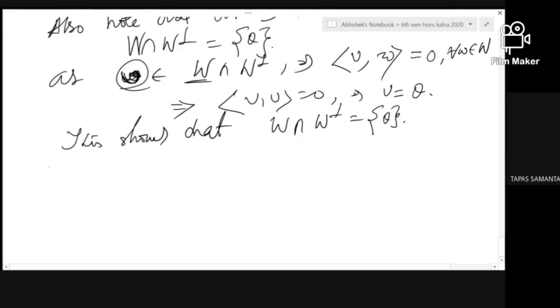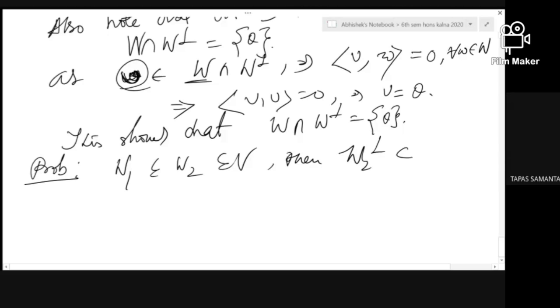Now it is your exercise to check that if W1 is a subset of W2, a subset of V, then W2 orthogonal is a subset of W1 orthogonal.